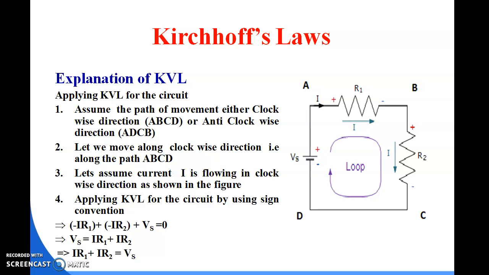Applying KVL for a circuit, we will now see what happens. On the right-hand side you will see a circuit A, B, C, D. Here is the loop and the current, and the path of movement is either clockwise or anti-clockwise. Here we will consider only the clockwise direction, and the current also flows through that circuit in the clockwise direction.